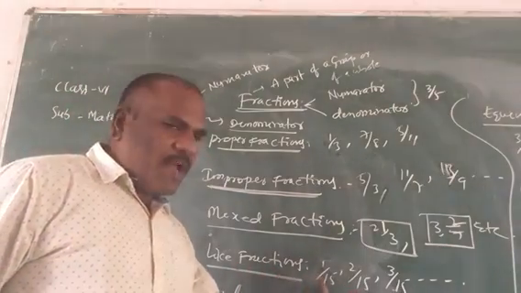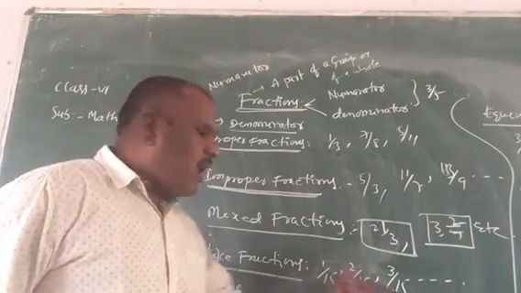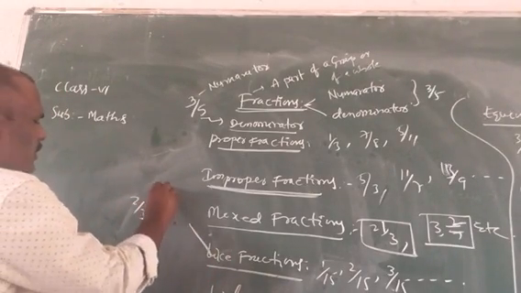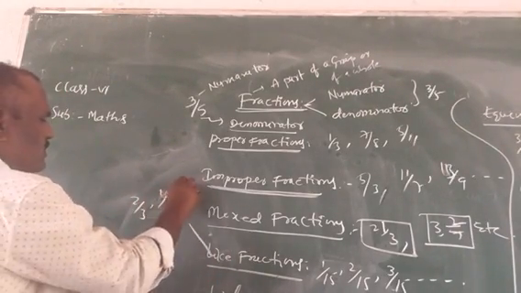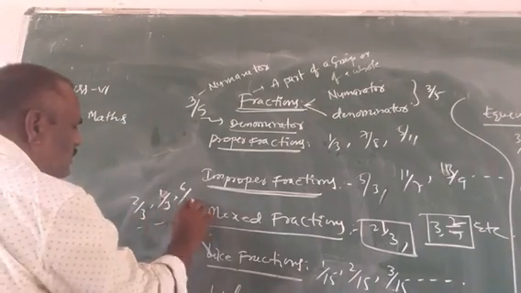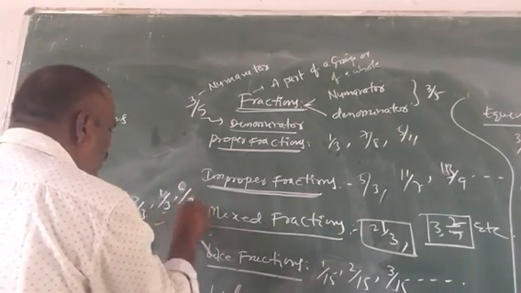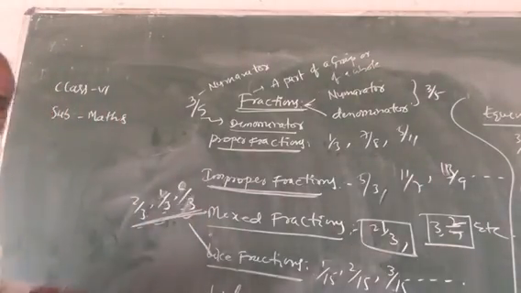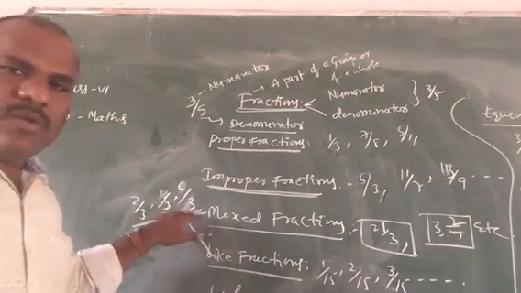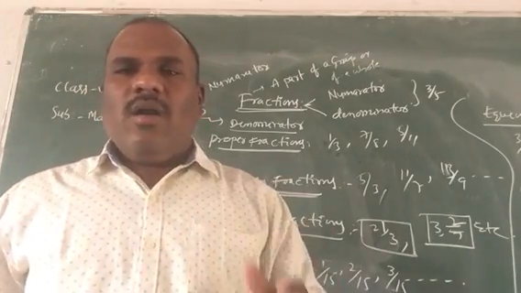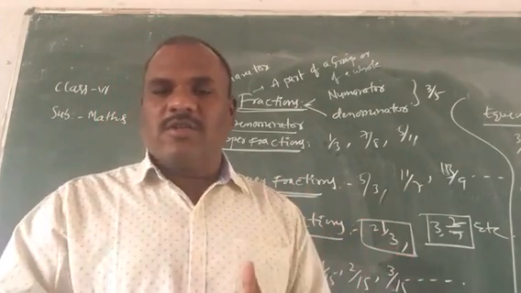Or else, for example, children, 2 by 3, 1 by 3, 6 by 3, etc. All the denominators are the same, children. So the fractions whose denominator is the same are called like fractions.